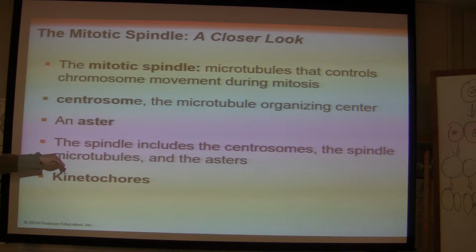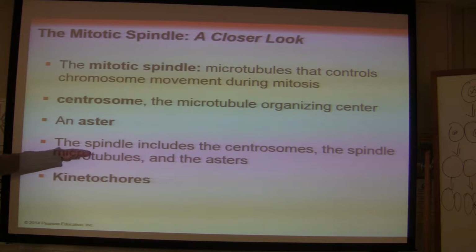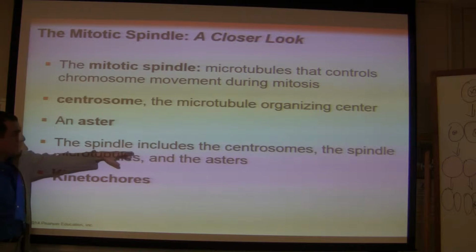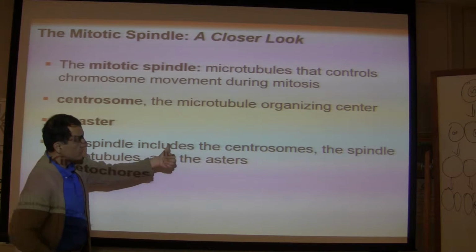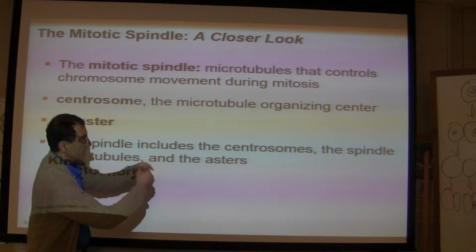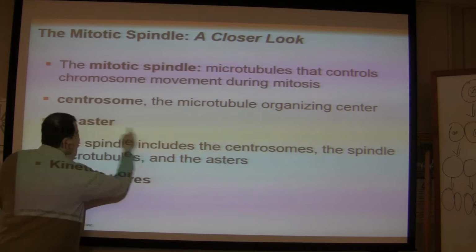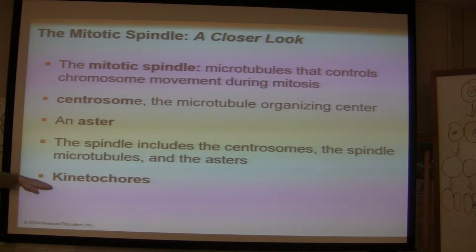The spindle includes the centrosomes, the spindle microtubules, and the asters.